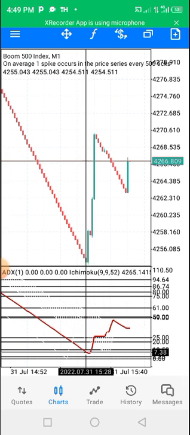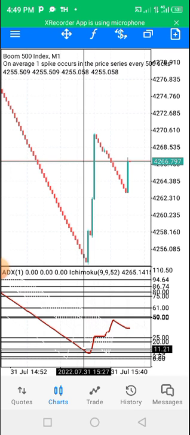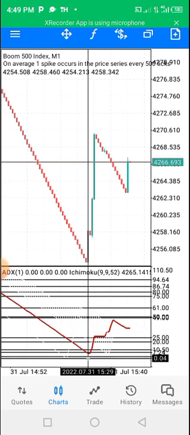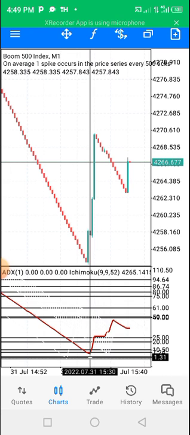Okay, so when I repeat again, when this line passes a level 20 down to a level 7.24 and crosses the level 7.24 down, you have to close your trade because you have missed the spikes.